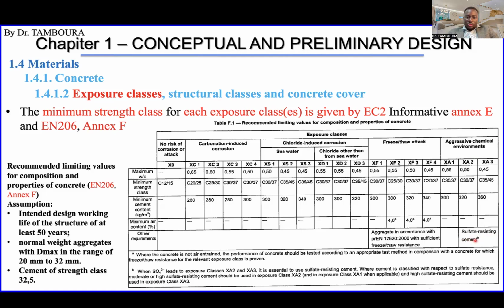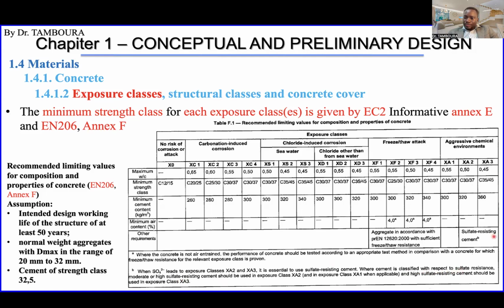It means you cannot use any cement. And there is precision here: when the sulfate ion, SO4 2 minus, leads to exposure class XA2 and XA3, okay, it is essential to use sulfate resisting cement, where cement is classified with respect to sulfate resistance.